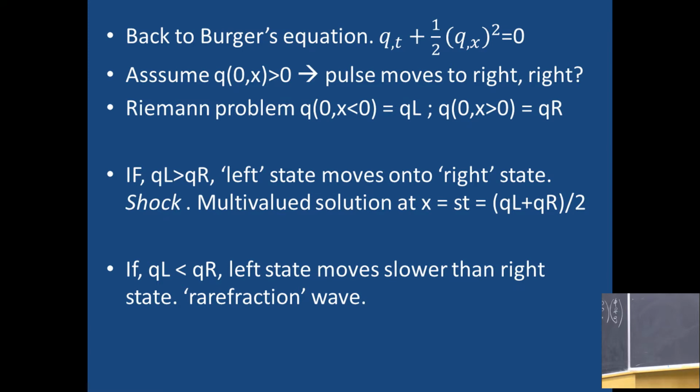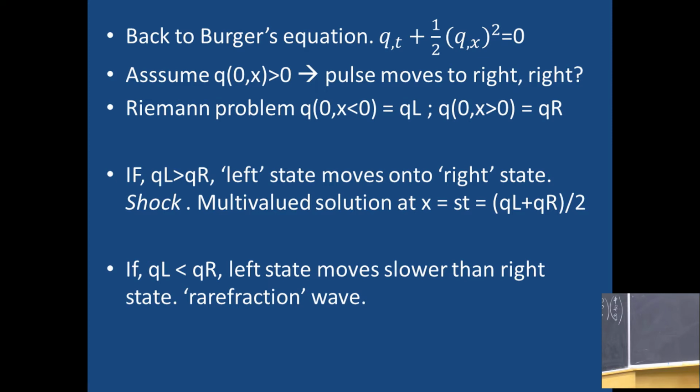Now let's assume some basic ground rules. Let's assume that we're going to give data where q at 0 is greater than 0. So we know that this pulse will move to the right, because I have it written here in the left-hand side. Had we moved it to the left, to the right-hand side, we would have a minus sign, right? And that would be a negative eigenvalue.